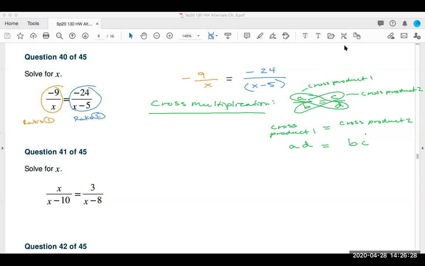Okay, so in this case up here, we're going to take -9 and multiply that to x minus 5. And we're going to set that equal to x times -24.